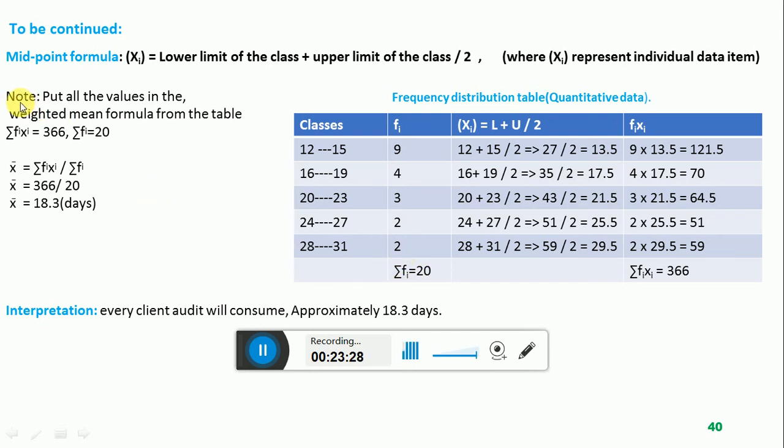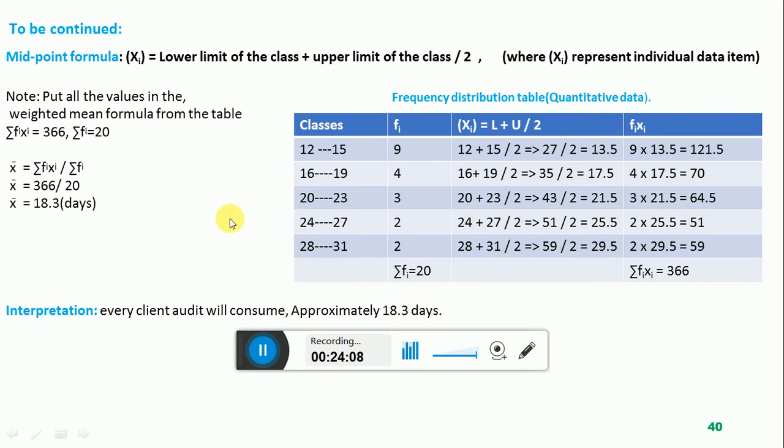Summation fi xi is equal to 366, summation fi is equal to 20. Now in the weighted mean formula we divide the total weight by the total observations: summation fi xi divided by summation fi, 366 divided by 20, and the x bar, the weighted mean value, is equal to 18.3 days. Now the interpretation is this: every client audit will consume approximately 18.3 days.